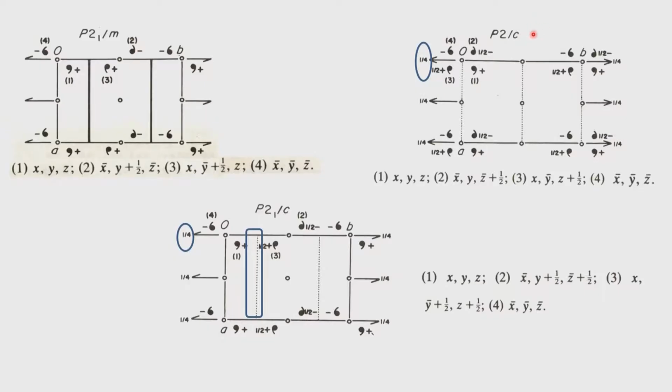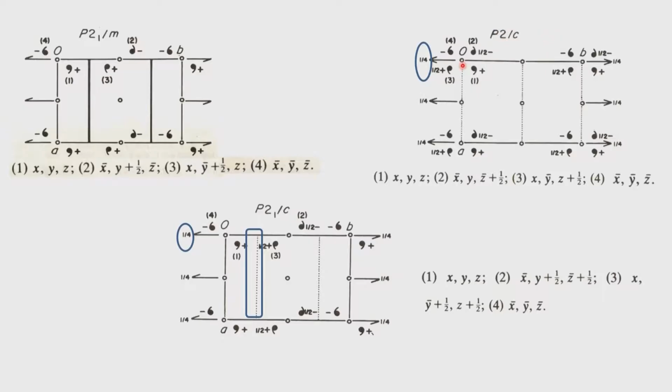operation takes place. We have already seen that whenever there is a non-translational component associated with the symmetry operation, that particular symmetry, the two-fold, will have to move by 1/4 from the origin in order to accommodate the requirement of 2 by M symmetry, which is the presence of the center of symmetry.